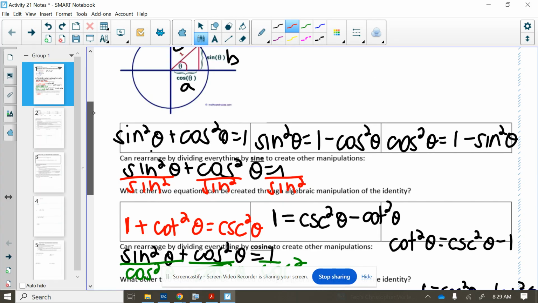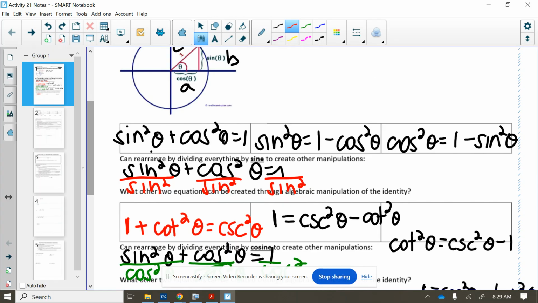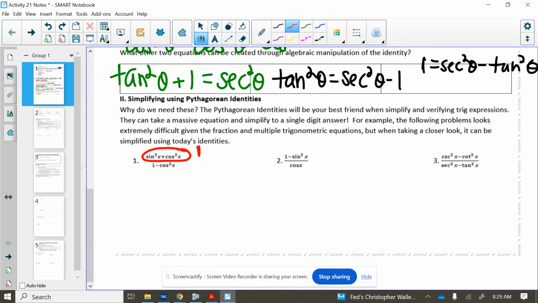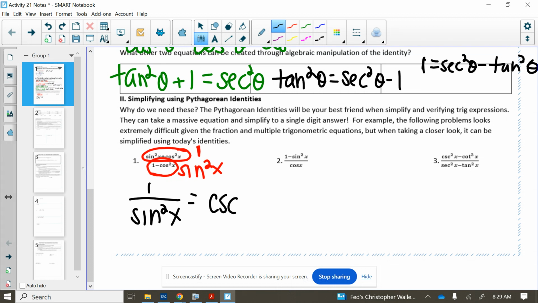And up above here, we know that 1 minus cosine squared is sine squared. So instead of having all of that written, we can have just 1 divided by sine squared, which we know using a reciprocal identity is cosecant squared.